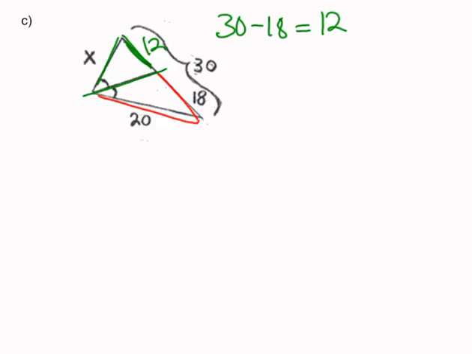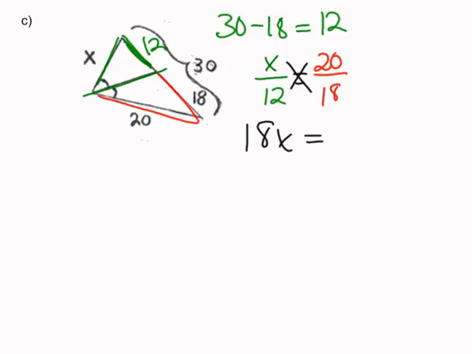So, I've got x and 12 and 20 and 18. 18x equals 240. X equals 13.3.